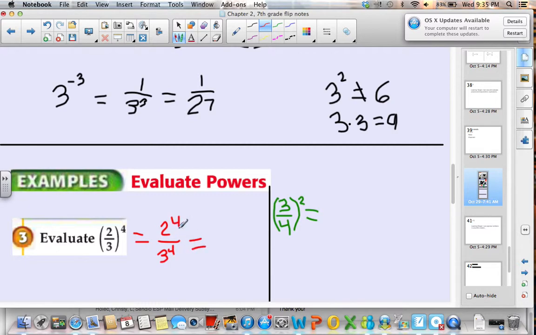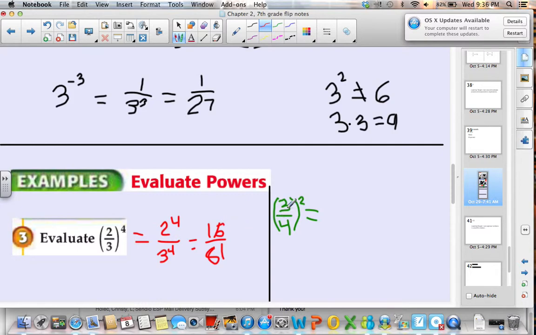Okay, and we know that 2 to the 4th is 2 times 2 times 2 times 2, which is 16. 2 times 2 is 4 times 2 is 8 times 2 is 16. And then 3 to the 4th is 3 times 3, which is 9, times 3 is 27, times 3 is 81. Sorry. So we have 16 over 81. Hopefully you were thinking that in your head.